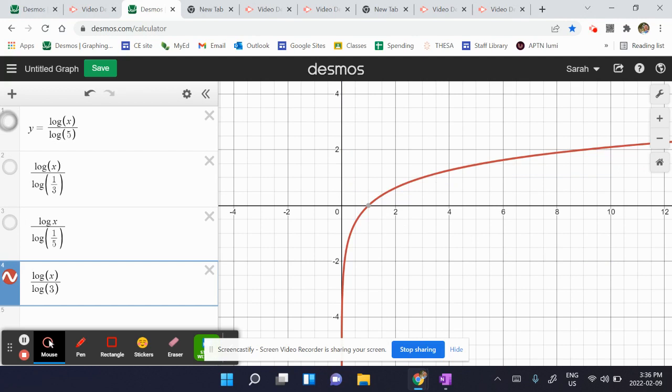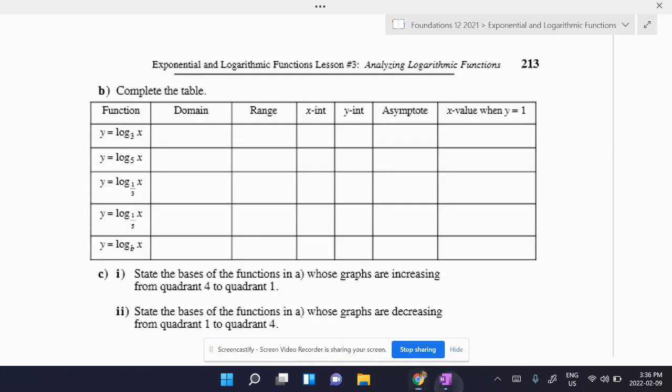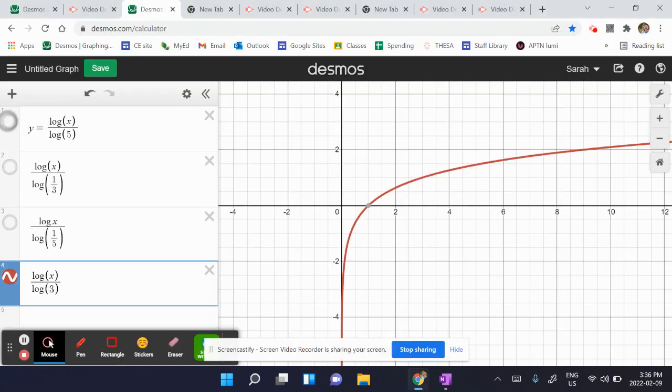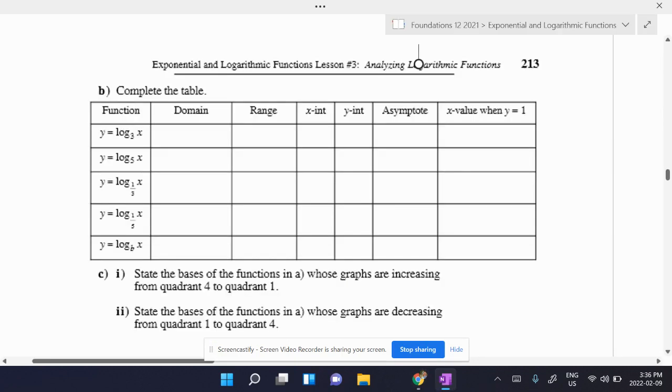That is this red one. So if I look at this red one, my domain, what my x is equal to, x is equal to everything above 0, right? But it can't be negative. So x such that x is greater than 0 and is a real number.